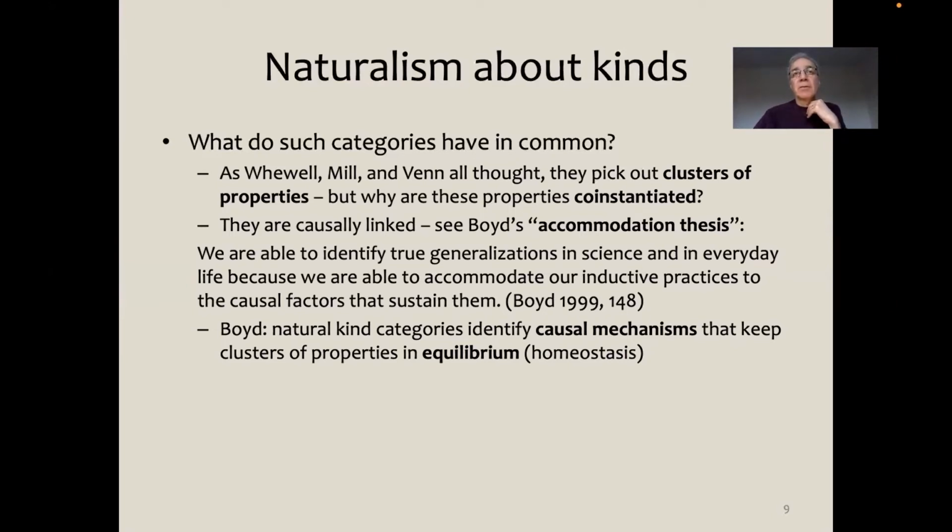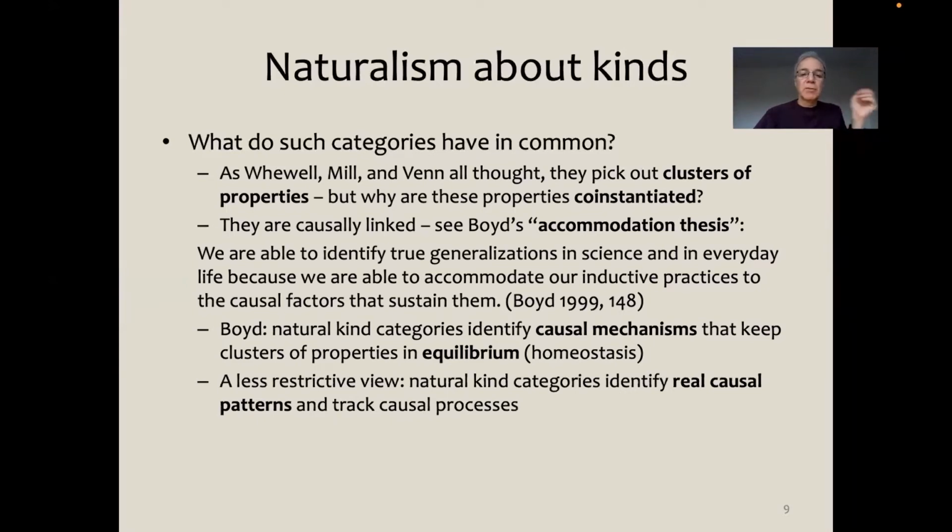Now, I would argue that the HPC account is a bit restrictive because very often when we're trying to understand the causal structure of the world, what we find is not always a causal mechanism that keeps a set of properties in equilibrium, but causal associations between properties that need not conform to this, I think, fairly rigid model.